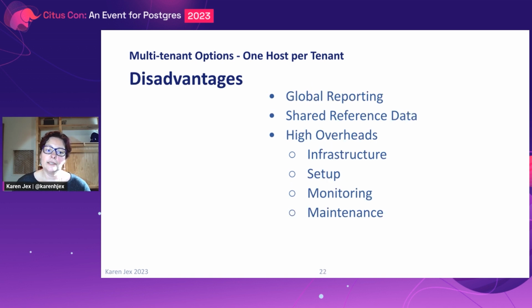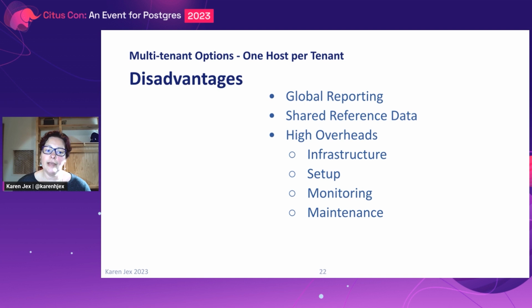On the other hand, things like global reporting are more complicated. To report across all data, you might need to put something like foreign data wrappers in place so that you can access all of the data on those different servers. Shared reference data becomes quite difficult to manage. You will probably need to put something like logical replication in place if you want to share reference data amongst the tenants.